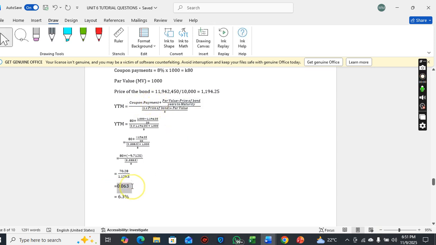But when you get your final answer, because that final answer is just representing 6 months, you need to multiply it by 2. If they have mentioned anything about it being semi-annual, you divide the coupon payments by 2, and then whatever answer you get at the end, multiply it by 2.